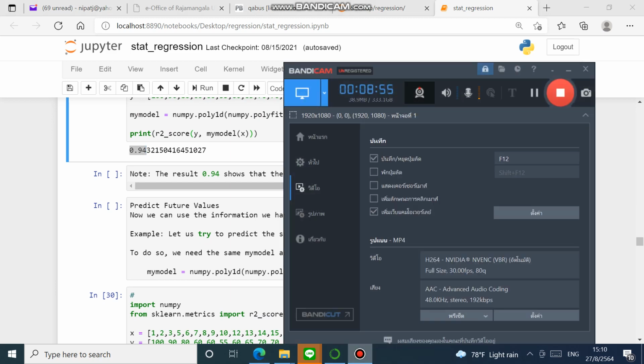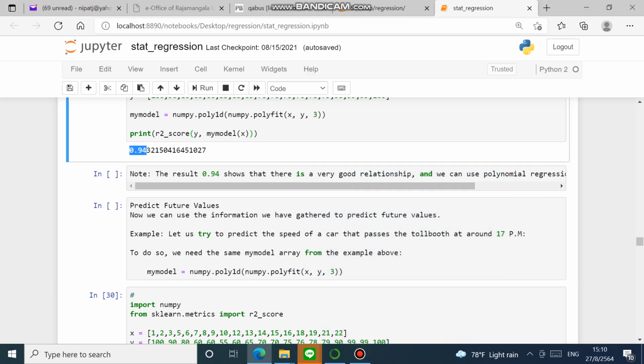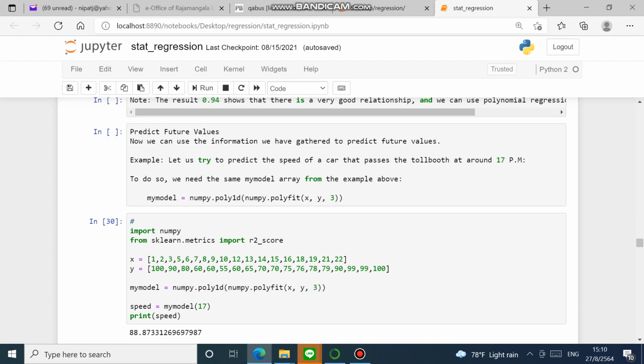If you want to predict future values, we can use the information you have gathered. Let us try to predict the speed of a car that passed the toll booth at around 5 p.m. To do so we need the same model array from the example above, my model here.